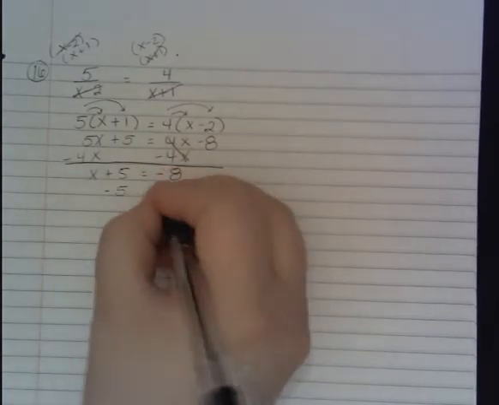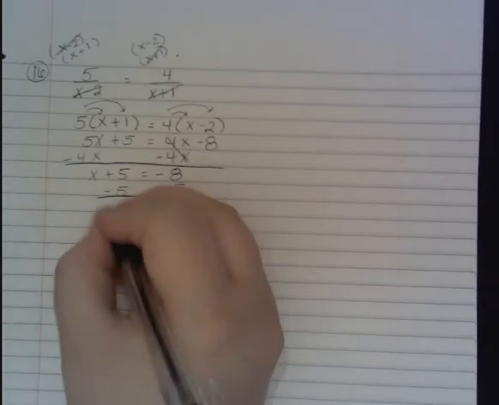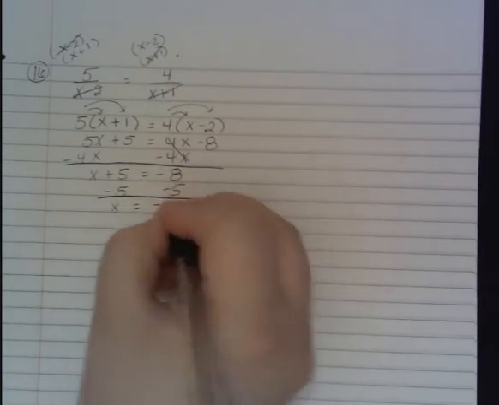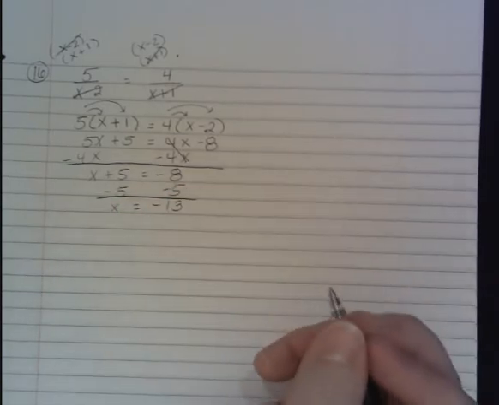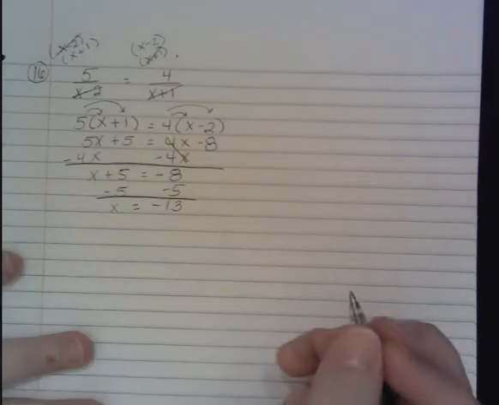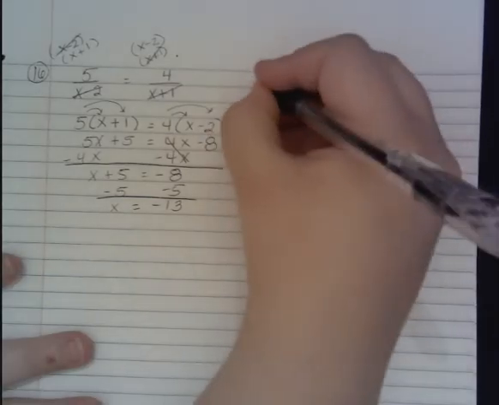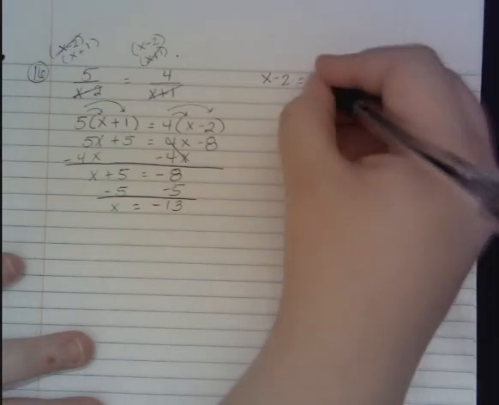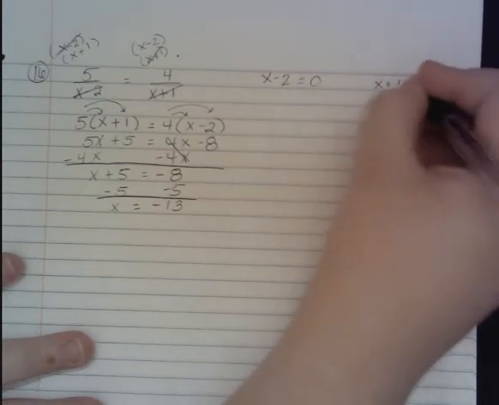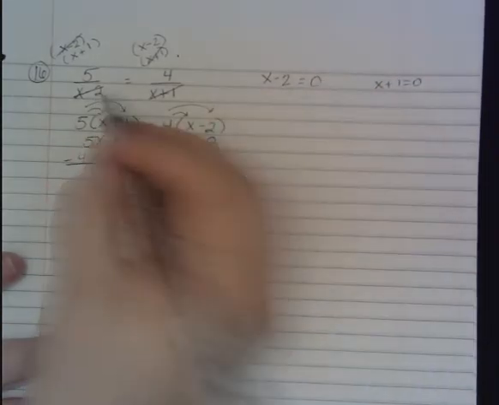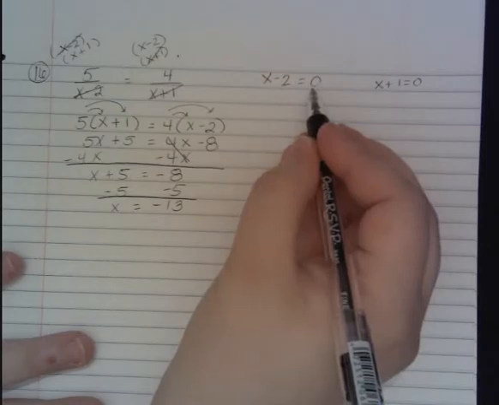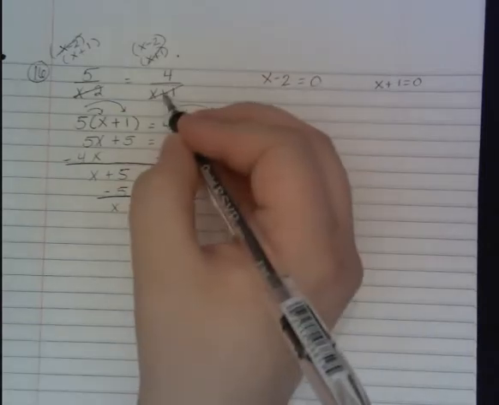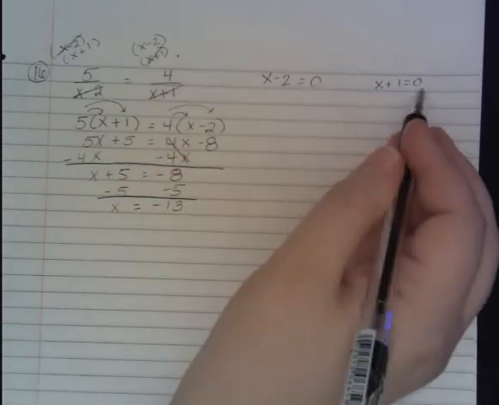Subtract 5 from each side to get x equals negative 13. So excluded values. We set our denominators that we had equal to 0. So my first denominator was x minus 2. I set it equal to 0. Second denominator was x plus 1. Set it equal to 0.